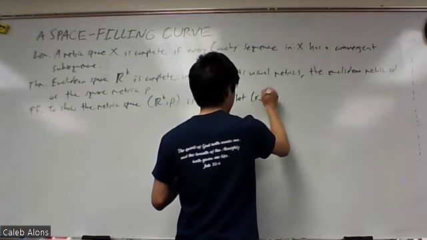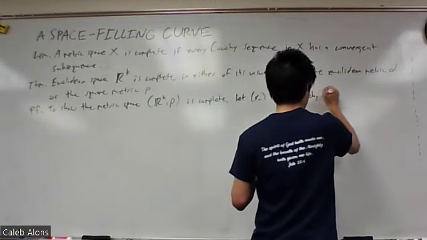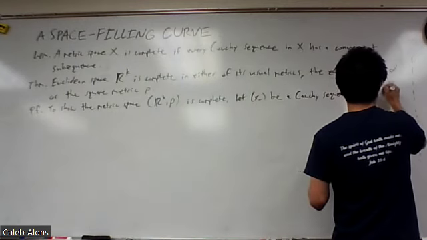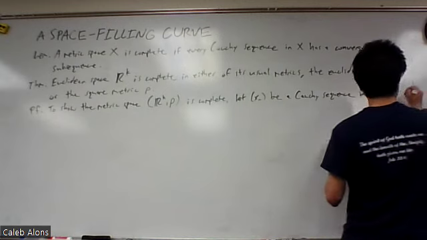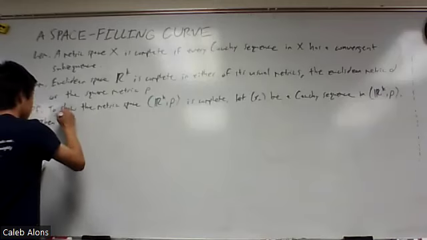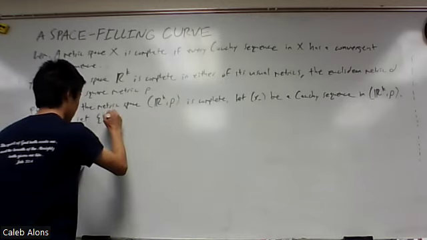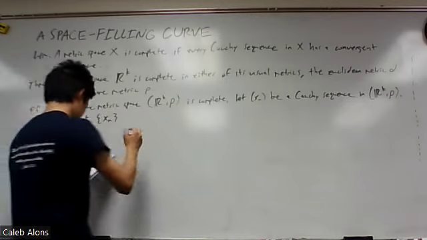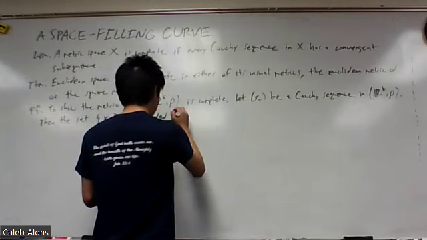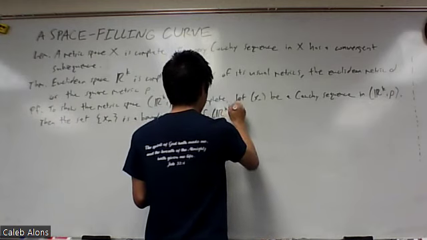Let xn be a Cauchy sequence in Rk. Then if I don't look at it as a sequence anymore, and I just take all the parts of the sequence and turn them into elements of a set, it is a bounded subset of the original metric space.